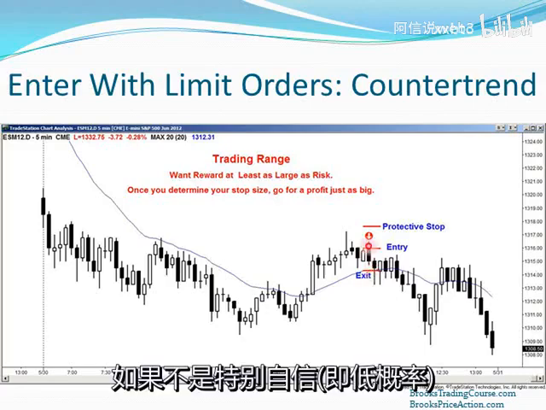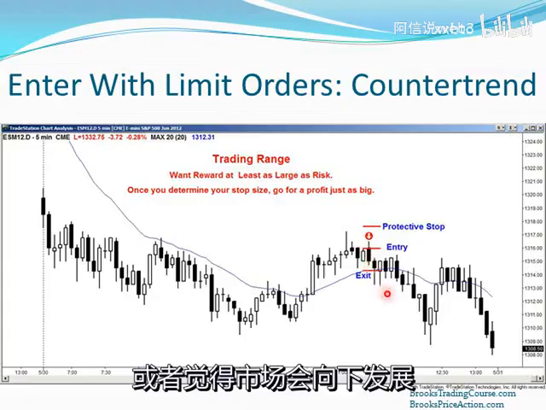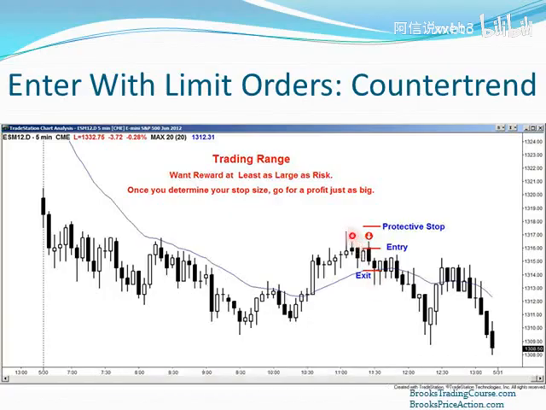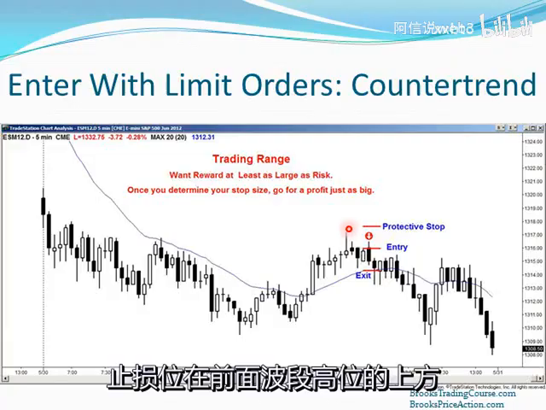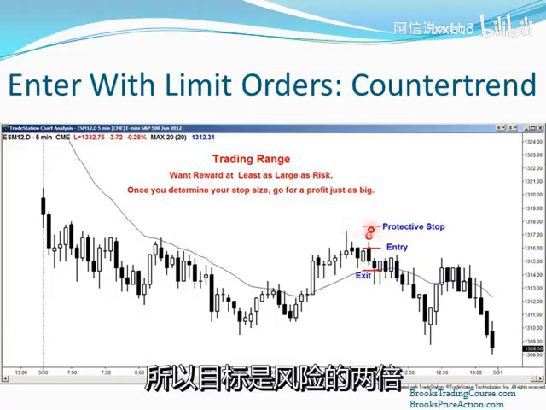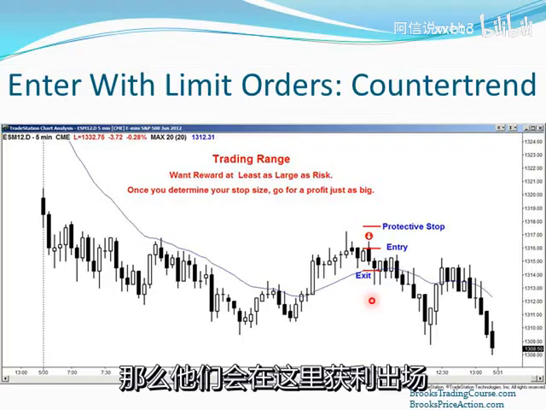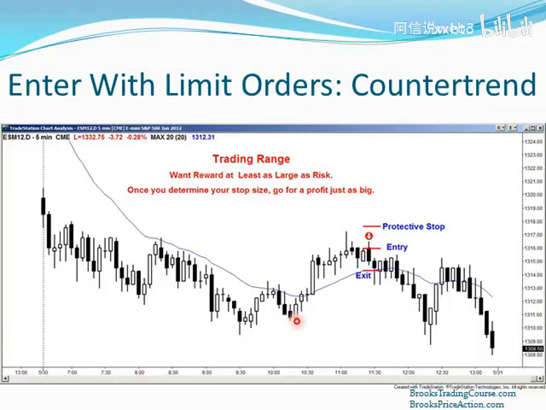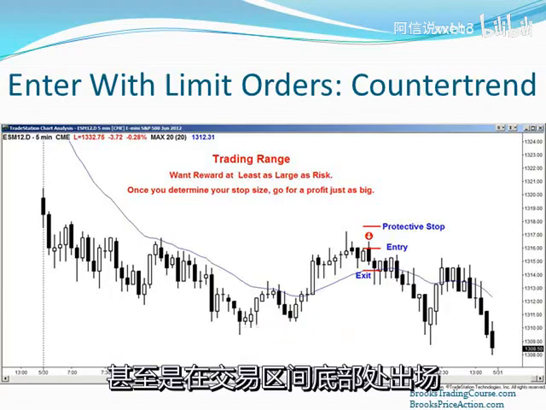If they're less confident, or if they think the market is going to trade down low, maybe they'll go for a profit of at least twice their risk. So if they sold here and their stop is 1 tick above the high of the swing, and they go for a profit target twice their risk, they would get out down here. They may try to get out down in the area of this higher low, or maybe even the low of the trading range.